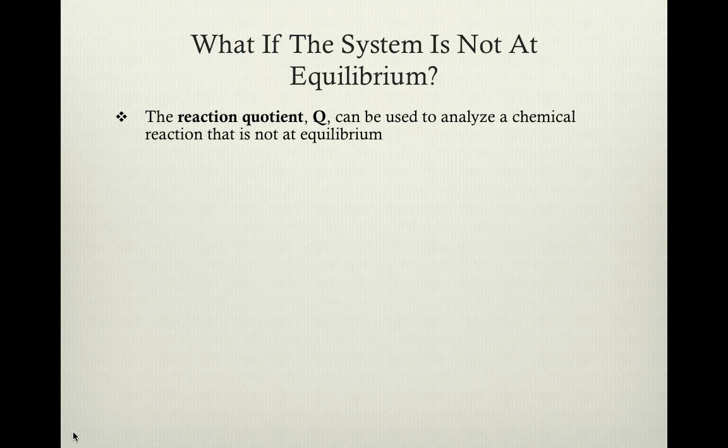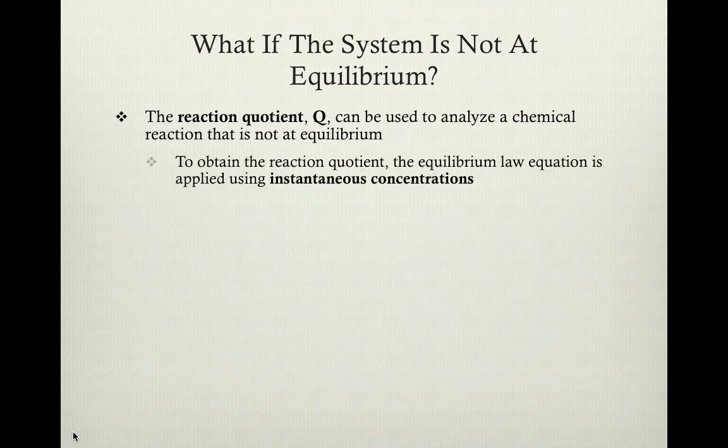Okay, and that's where we're going to be using the reaction quotient, Q, which will allow us to establish and investigate reactions that are not at equilibrium. And we're going to see that the reaction quotient is identical to your equilibrium constant.